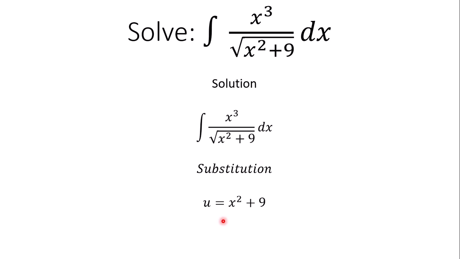We are going to differentiate. Now when you differentiate, u is going to give us du. When you differentiate x squared plus 9, you are going to get 2x dx. That is how I got the 2x dx. Now this one is a constant.